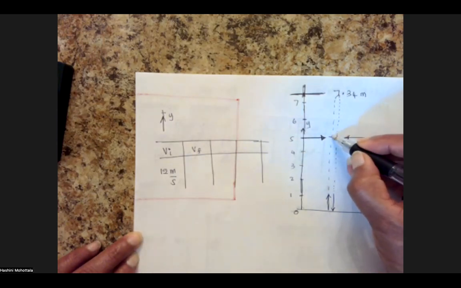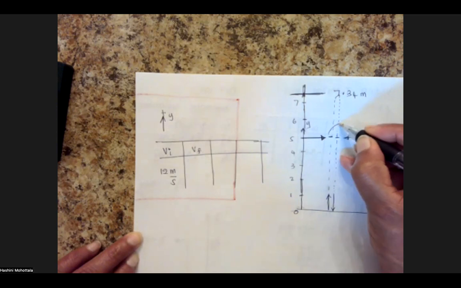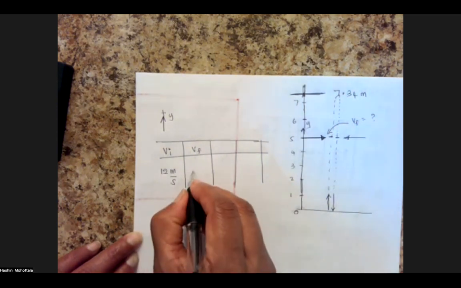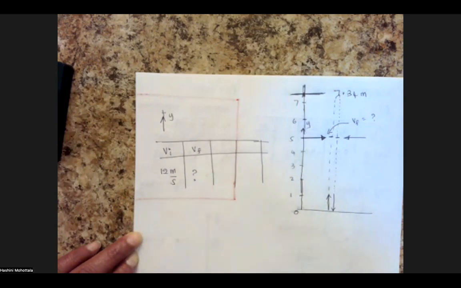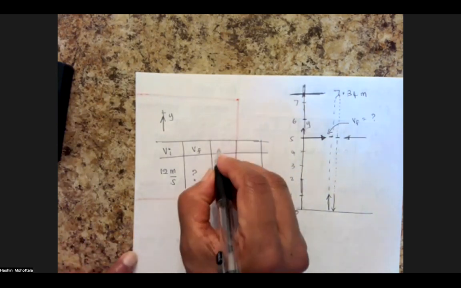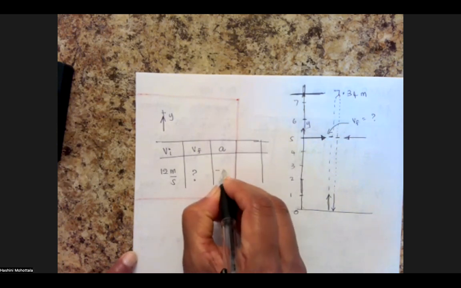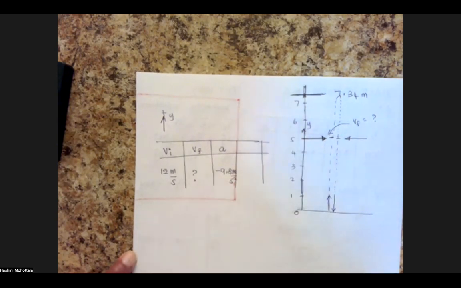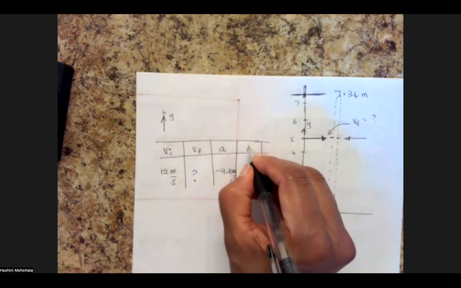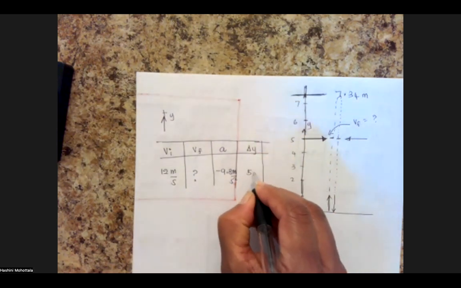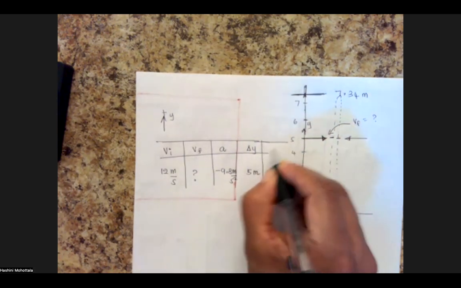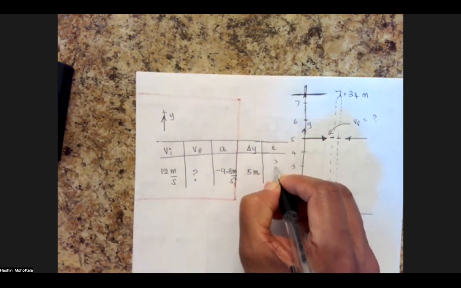Final velocity is the velocity at this point, and we don't know that, so I'm just going to put a question mark there. And then you have the acceleration. Unless stated otherwise, it is negative 9.8 meters per second squared. And delta y, of course, we now know as 5 meters because the problem has given it to us. And the time t, we don't know.